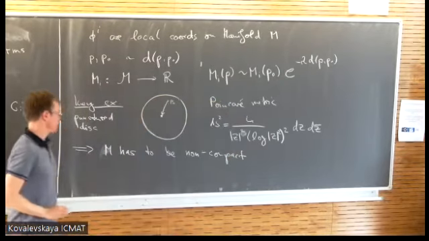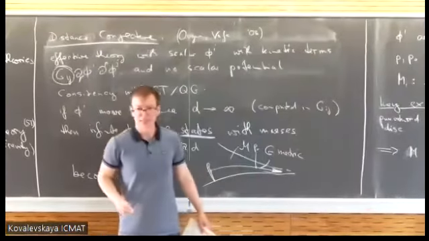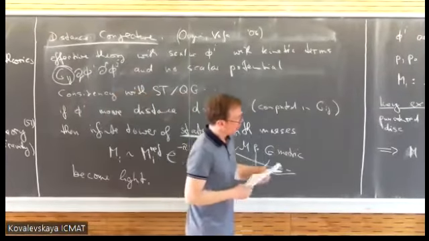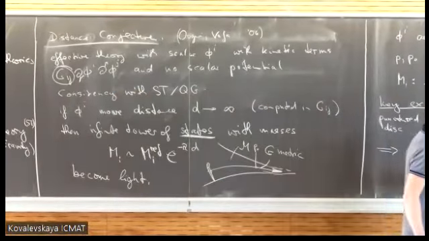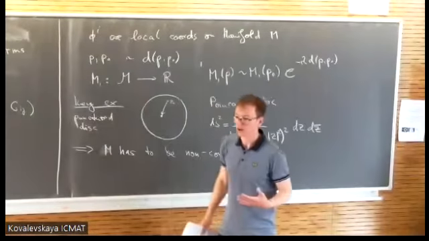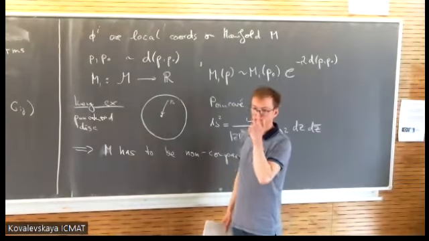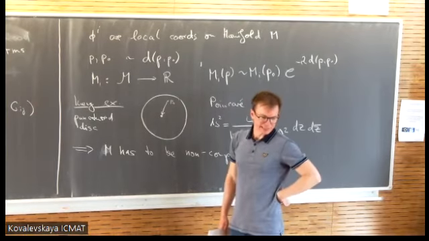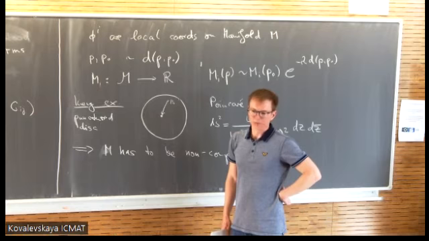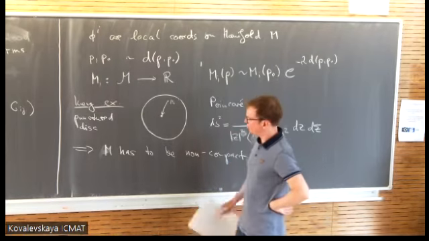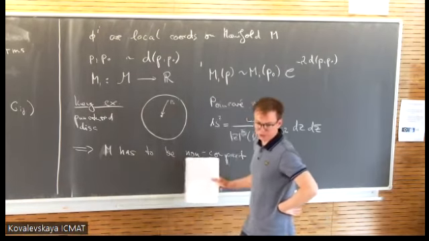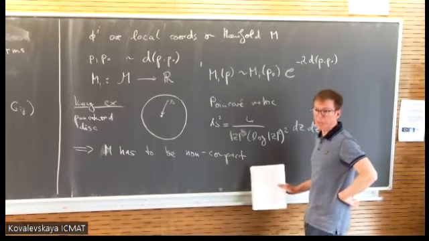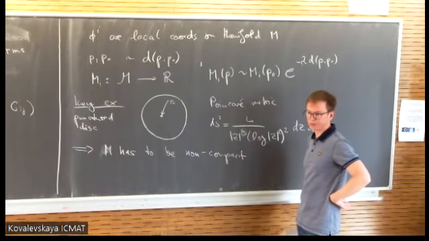So one interesting conclusion from this is that in order to have such a feature, M actually has to be non-compact. Yeah, this was already mentioned before. And that's something really interesting because, as some of you might know, many of the theorems in algebraic geometry use compactness of manifolds.